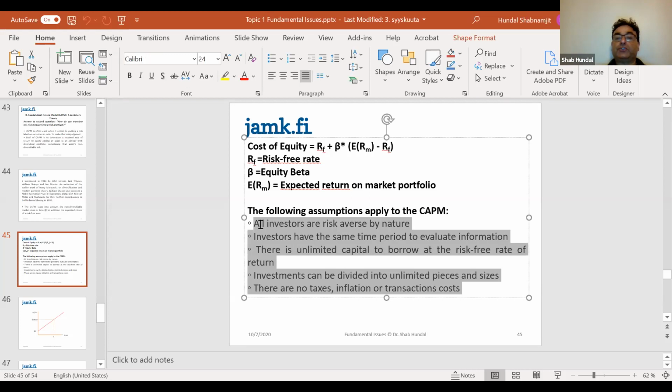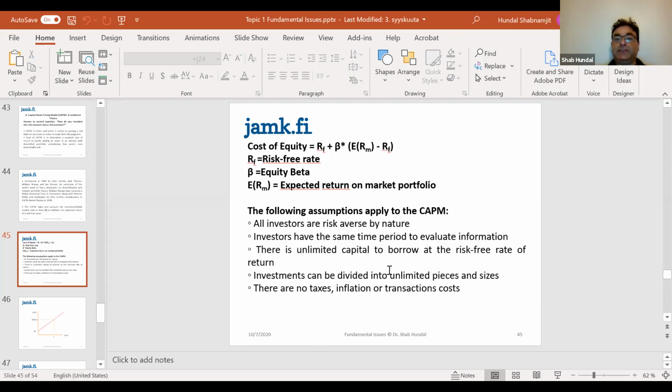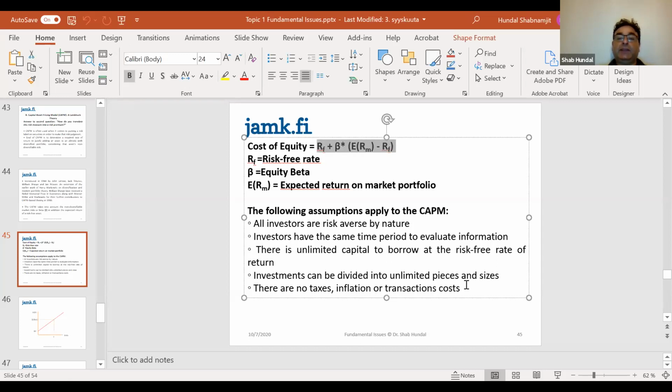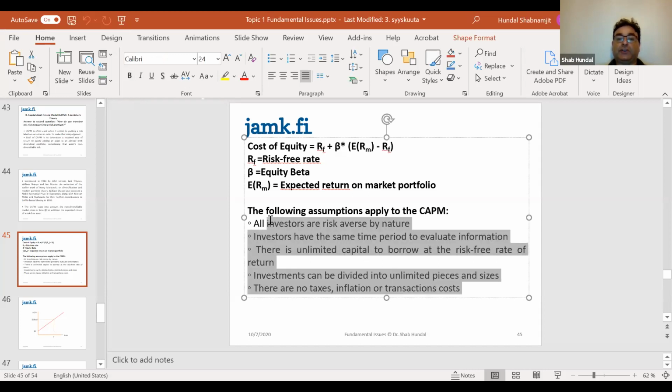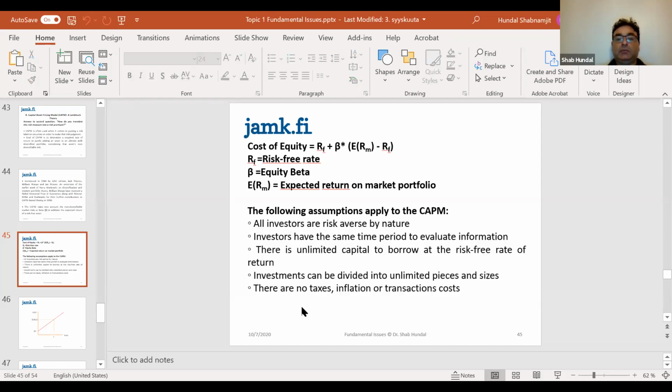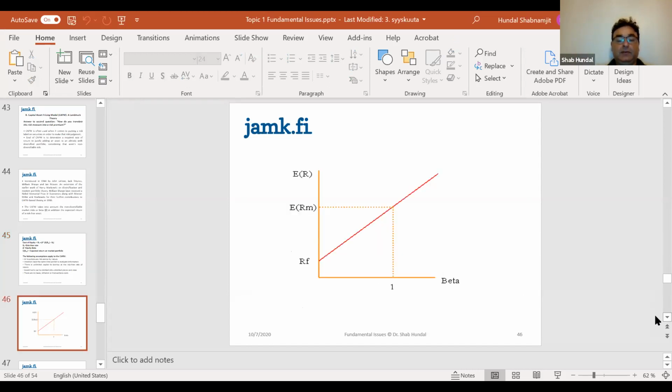Therefore, the new version of CAPM, which you see in the research articles or the practitioners' websites, has been modified to make it compatible with reality, because these assumptions are not portraying any reality, except for one or two. Most of these assumptions are not real. So this is the original.